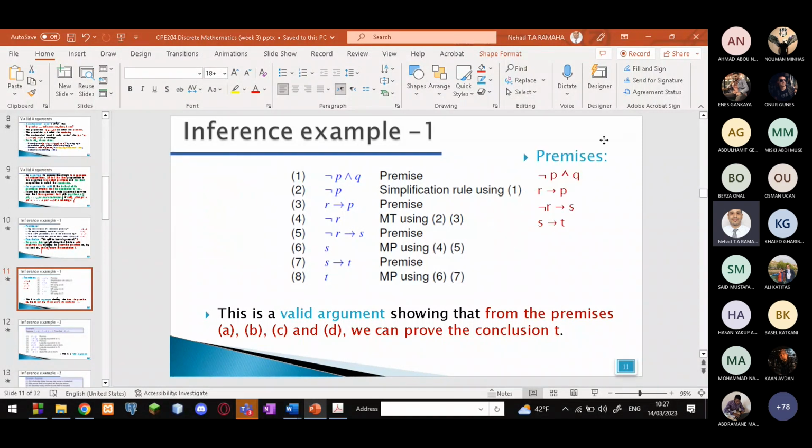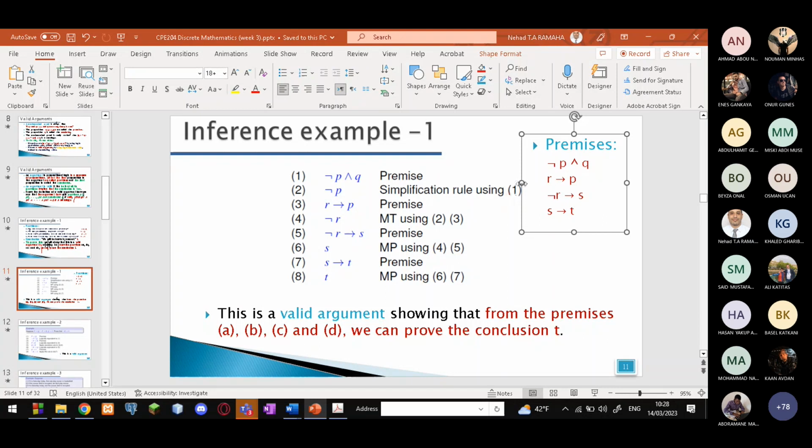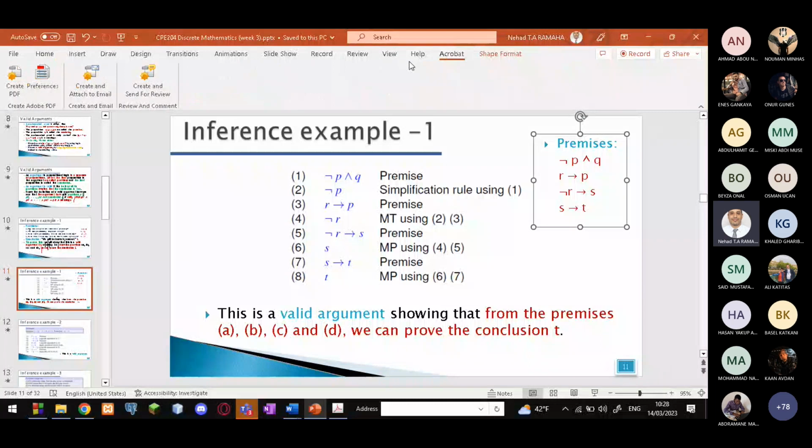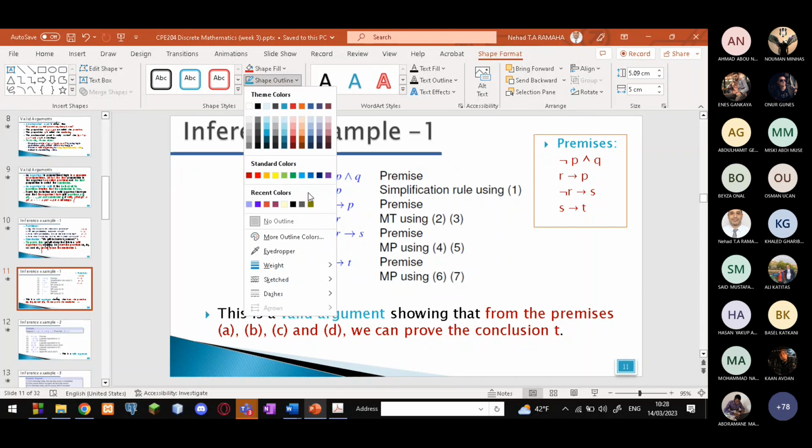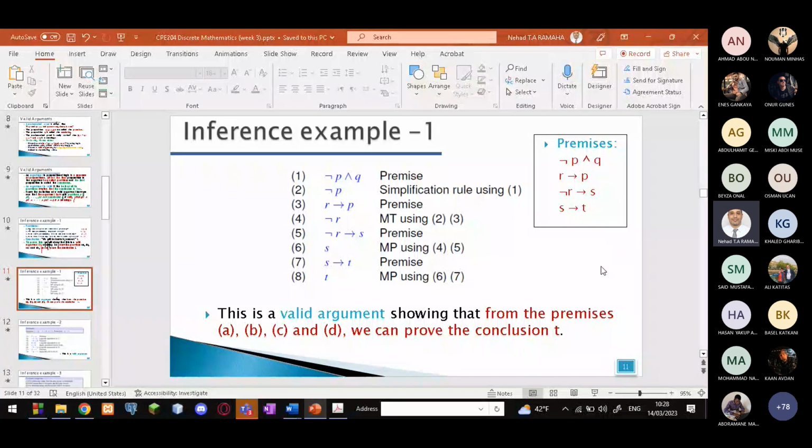So these are the premises from the previous example. I copied the same premises here to use them.